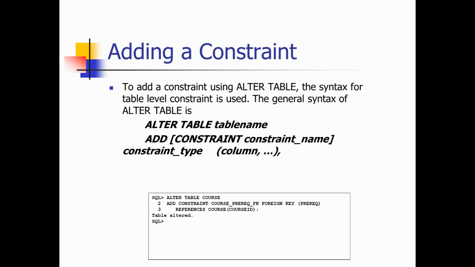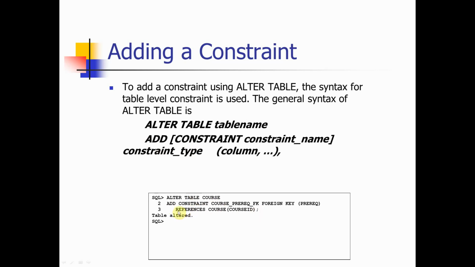And in this case, we can say alter table employee. Of course, you need to provide the table name indicating which table you want to make the change to. And because we want to add the constraint, we will say add constraint, and then the whole foreign key constraint needs to be put there.